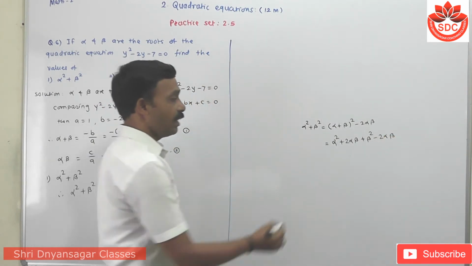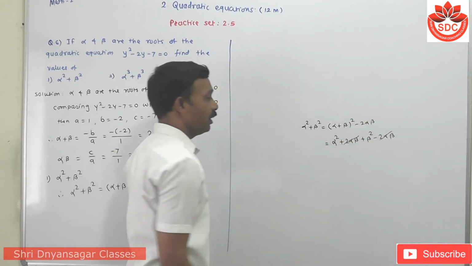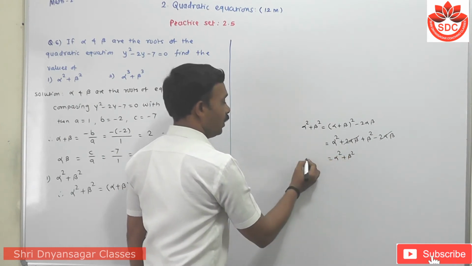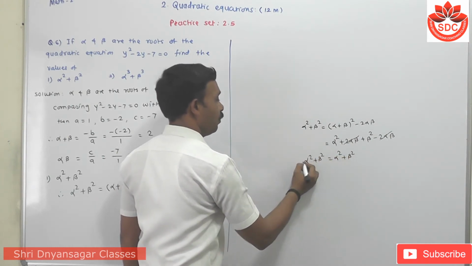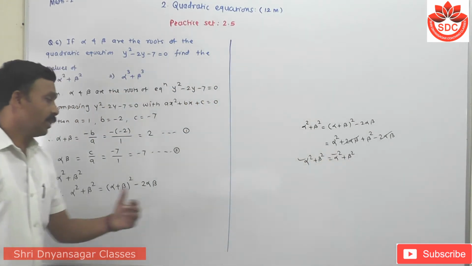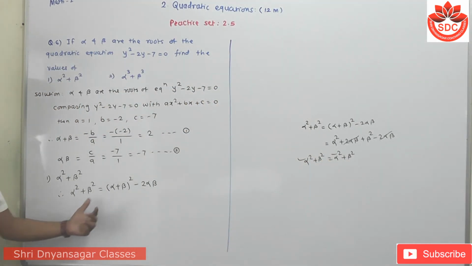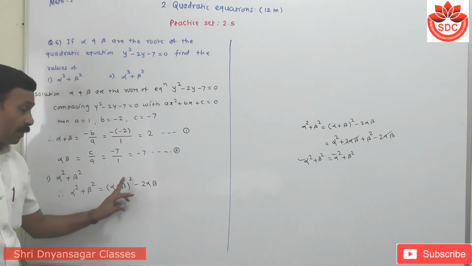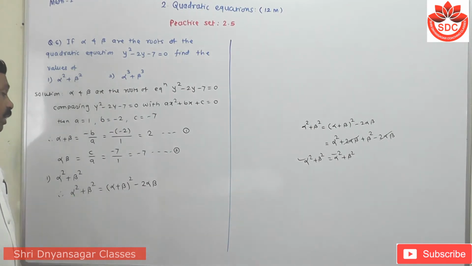Students, when we cancel these plus and minus, we get alpha square plus beta square, which means both sides are the same. So this is our correct formula. Can you understand how this formula comes? You directly learn this: alpha square plus beta square is equal to alpha plus beta bracket square minus twice alpha into beta.